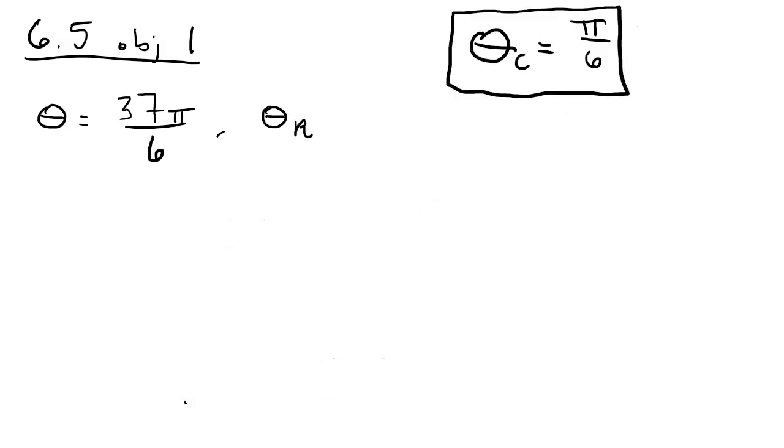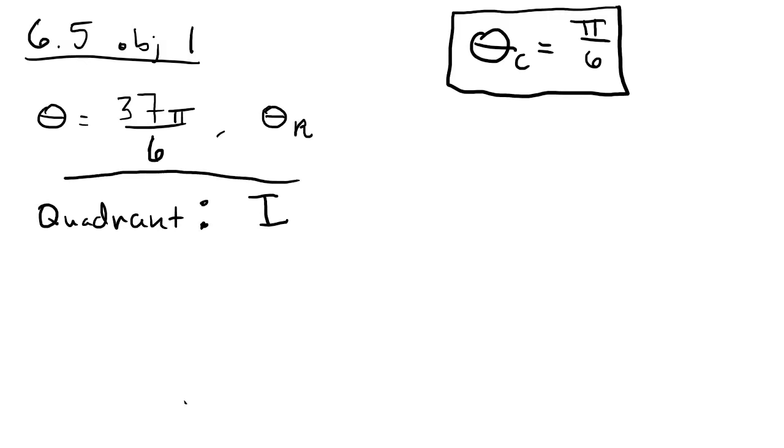Okay, so the next part of the question on MyMathLab is going to ask, what quadrant is this least non-negative coterminal angle in? So what quadrant is the angle pi over 6 in? I hope that you see this is in the first quadrant because it is greater than 0 but less than pi over 2.